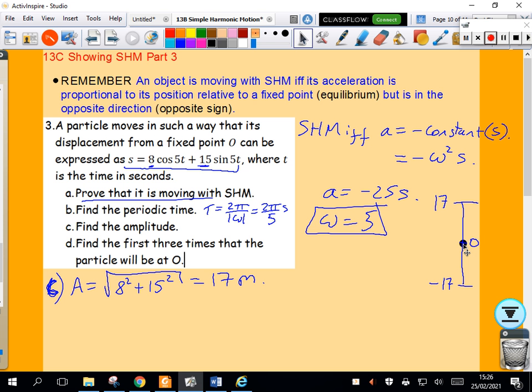So what we have is an object moving up from the center of oscillation, slowing down till it gets to 17, stopping, turning around, accelerating towards the center. It hits its maximum speed here, its acceleration will be 0, and then it starts to slow down. Its acceleration will be positive here because its position is negative, until it stops.